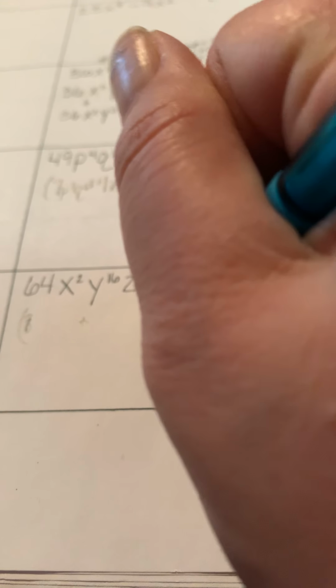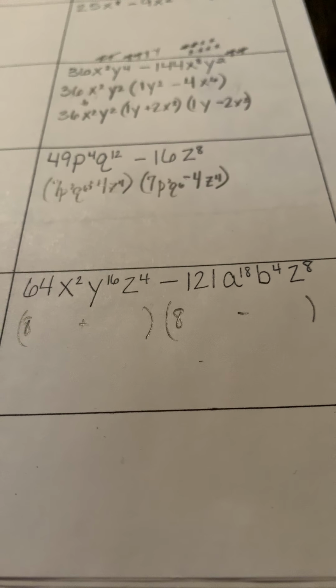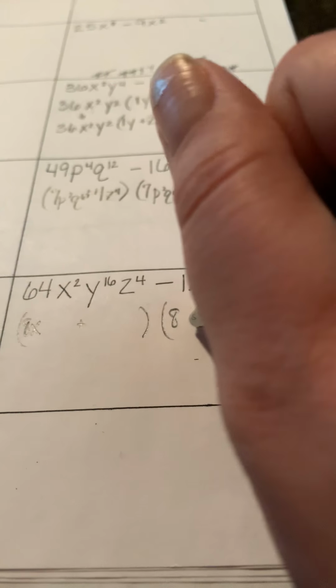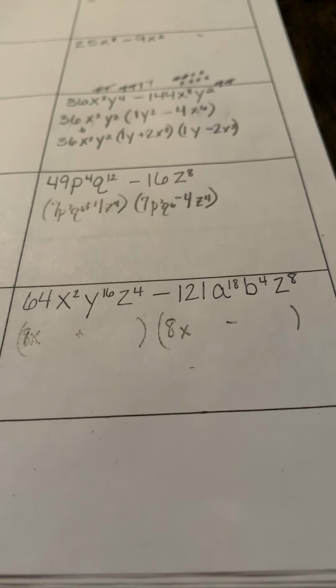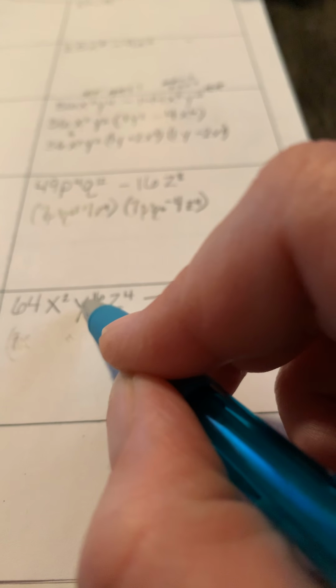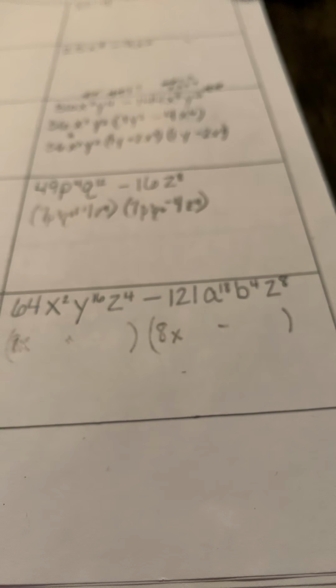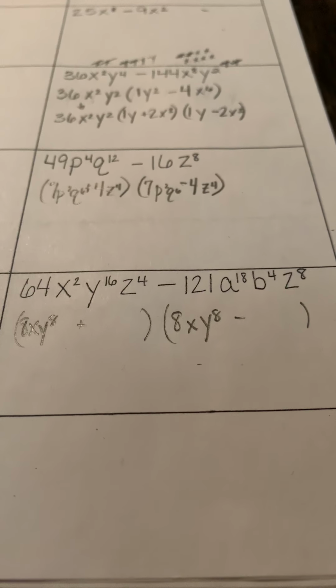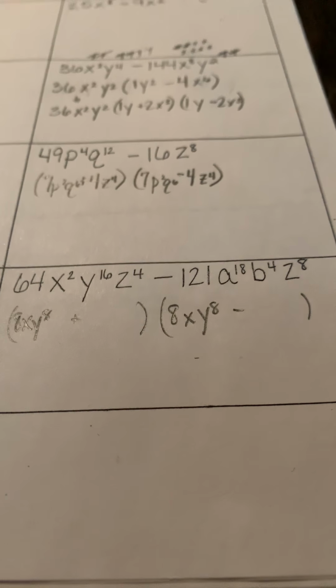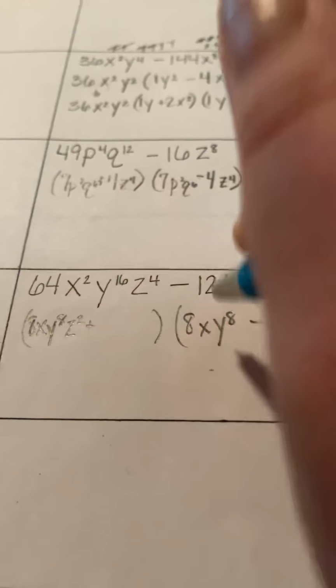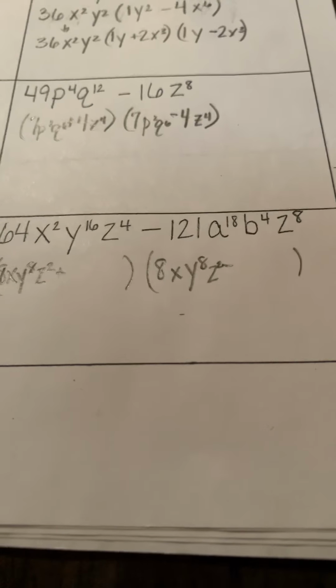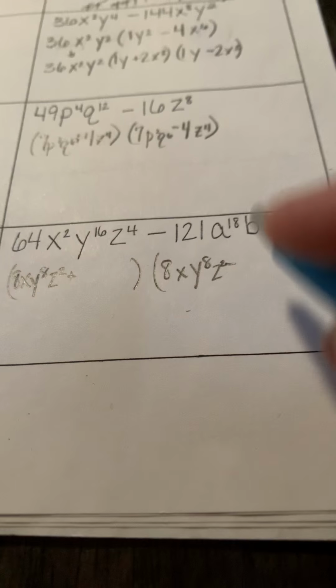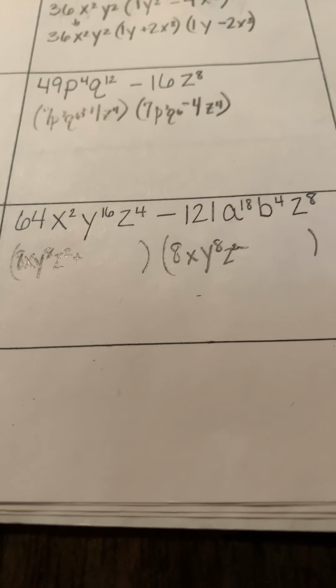Square root of 64 is 8. X squared, square root is just x. Y to the 16th, divide that by 2, you get 8. Z to the 4th, divide that by 2, z squared. Square root of 121, 11.